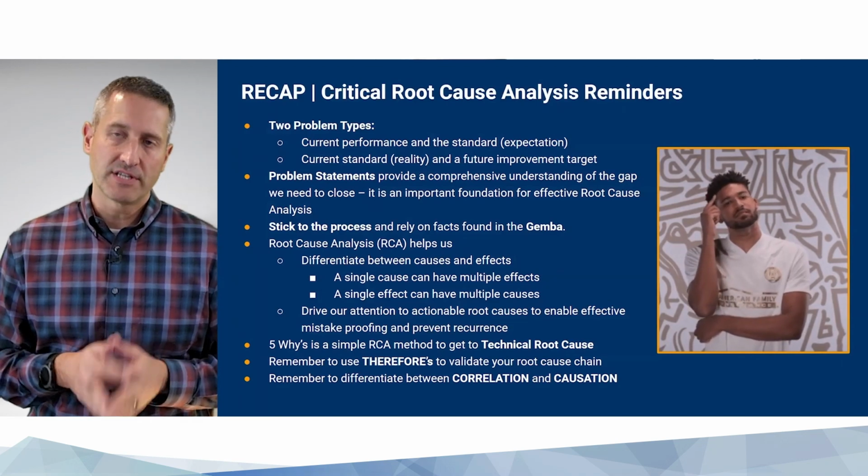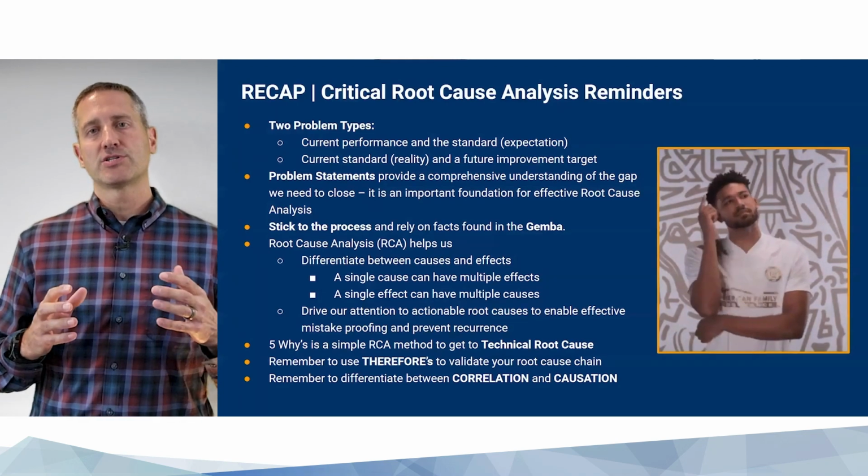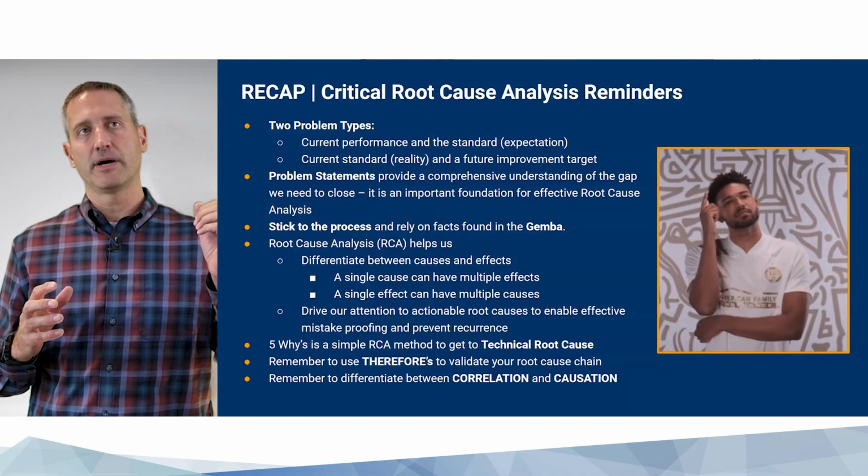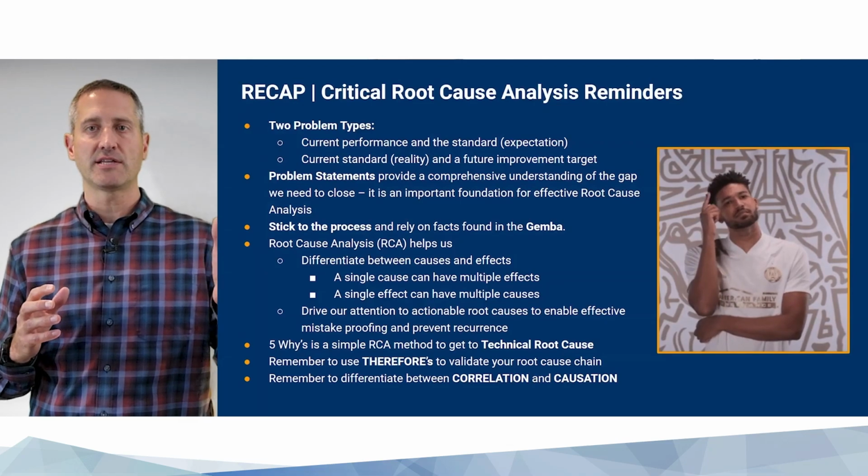We can also have a different kind of problem statement, which is there's some future that we're trying to achieve, some improved state of working, maybe faster delivery, better on-time service, something like that. And there is a current state that's not up to that level yet.